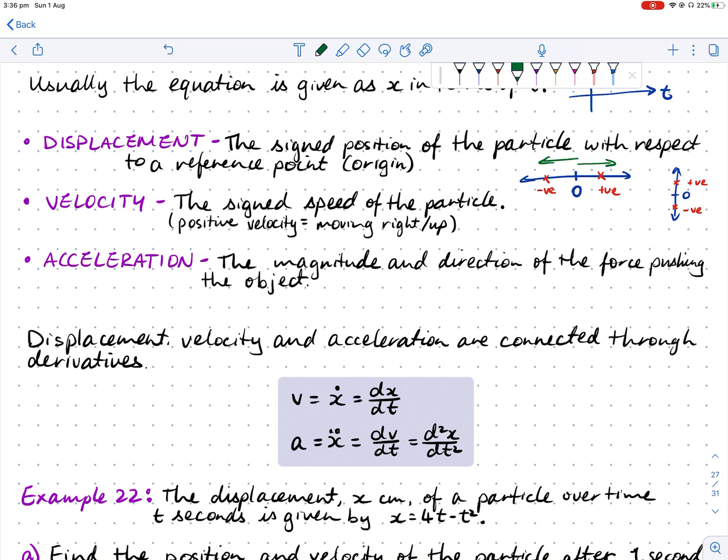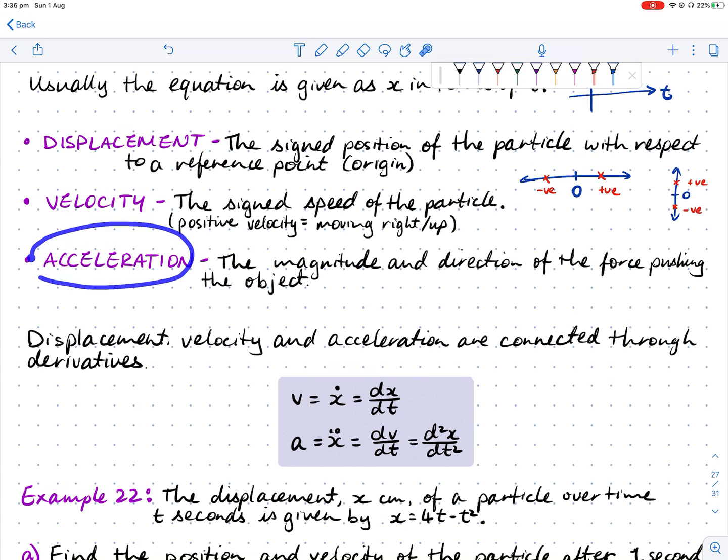So I could be going 3 meters per second towards the right, so the velocity is 3. If I'm going 3 meters per second towards the left, then I would call that negative 3. Likewise for up and down: if I'm moving upwards, then it's positive. If I'm moving downwards, then it's negative.